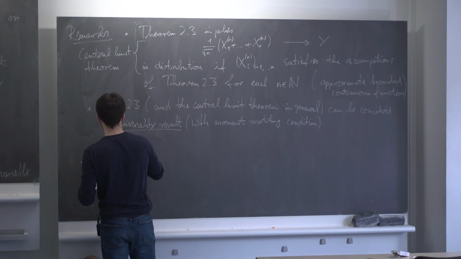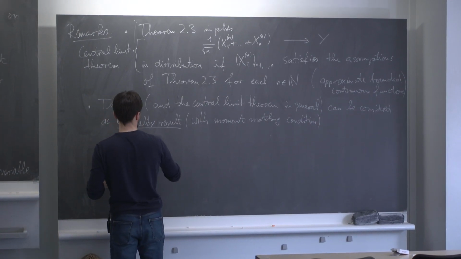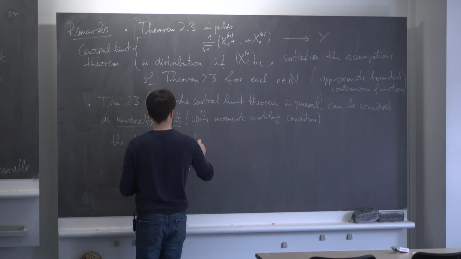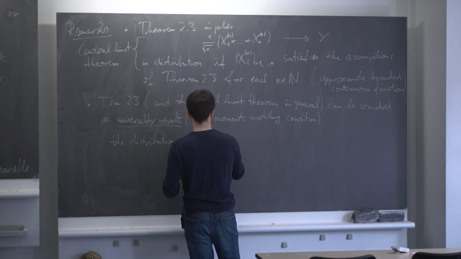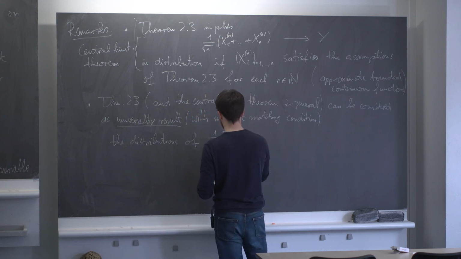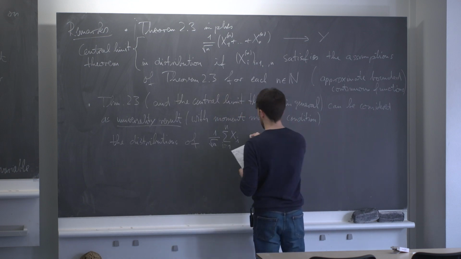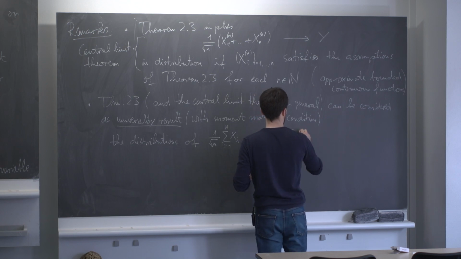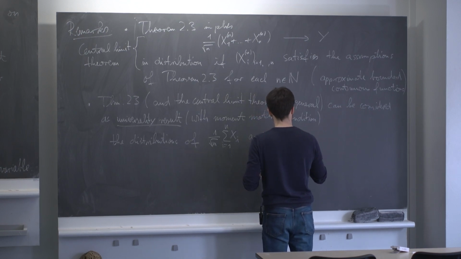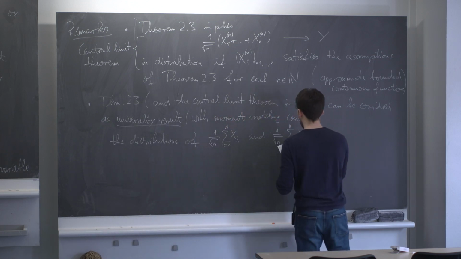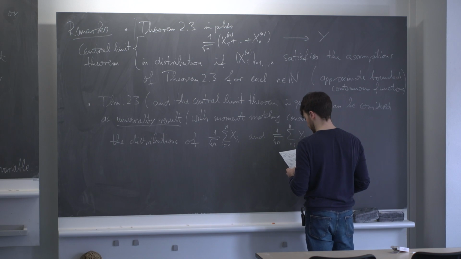Because the distributions of, if I take this appropriately rescaled sum of x1 up to xn, I can compare it with the sum of y's, which will have the same moments.